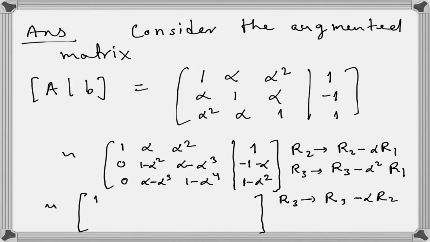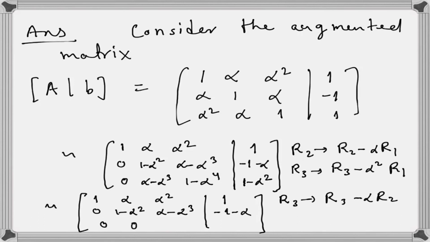Then in the first row there is no change, second also there is no change, and the third, this is 0, and this will also be 0. Then this is nothing but 1 minus alpha.